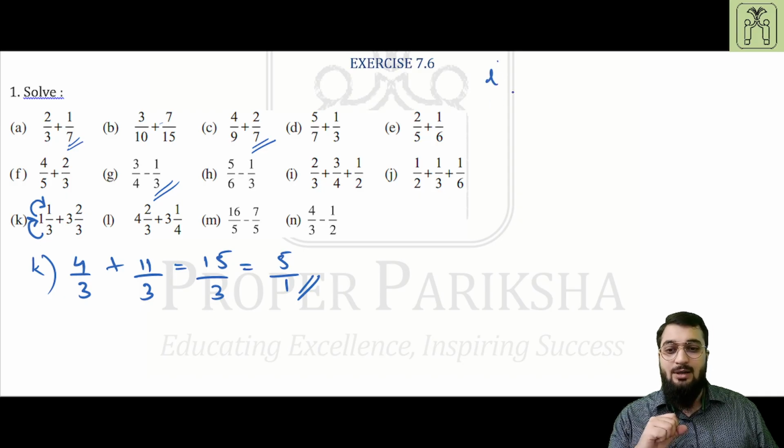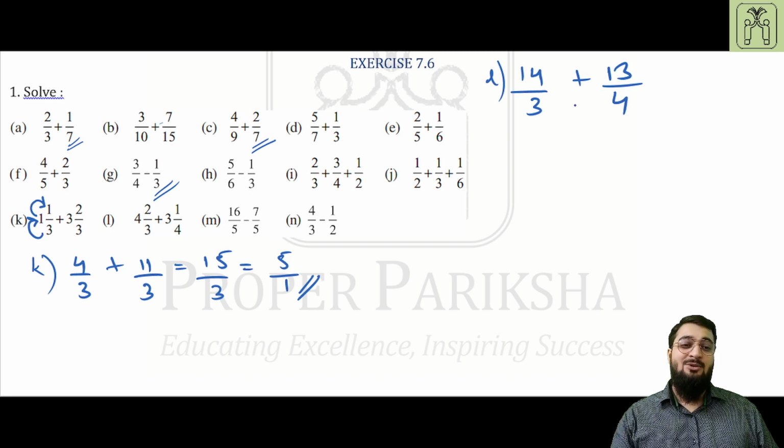Coming to part L, 4 2 upon 3 will be converted into an improper fraction, that is 3 into 4 will become 12, and 12 plus 2 will become 14 upon 3, plus 3 1 by 4 will become 4 3s are 12 plus 1, 13 upon 4.